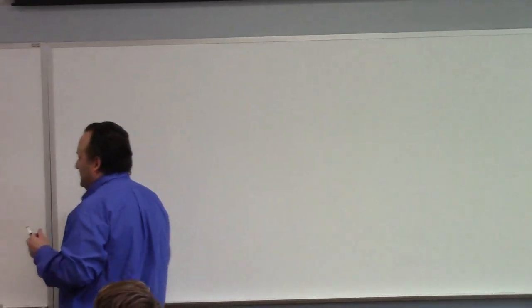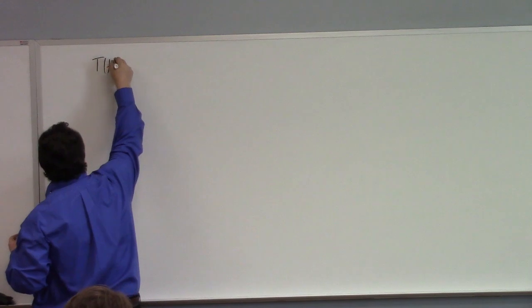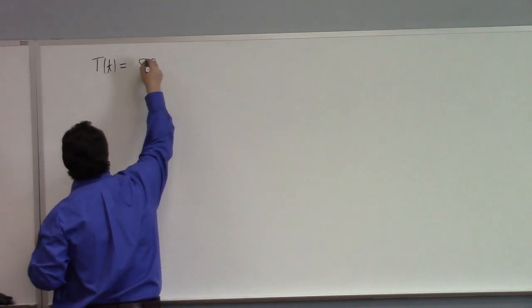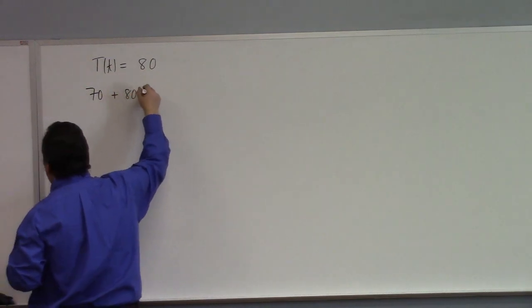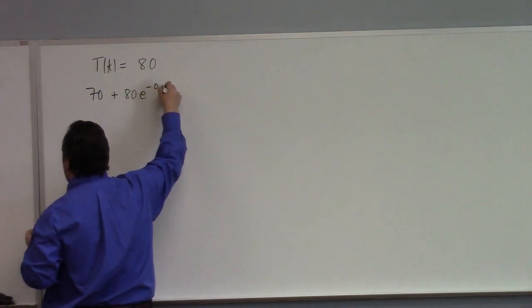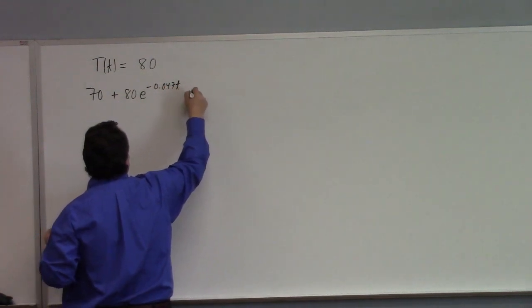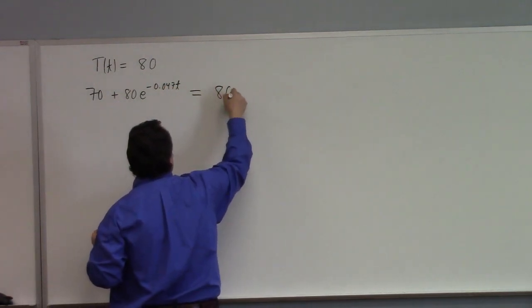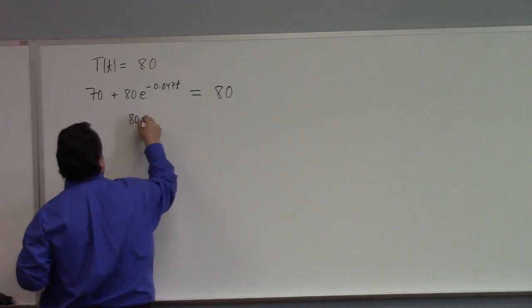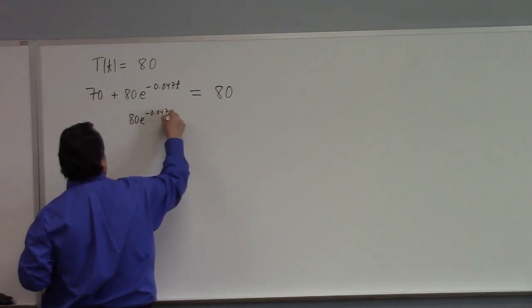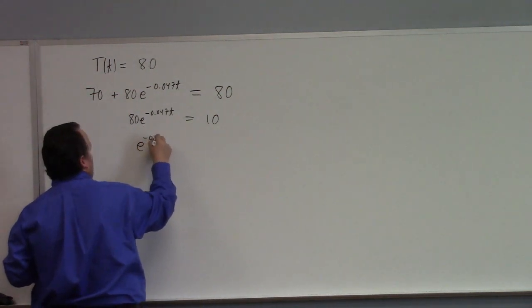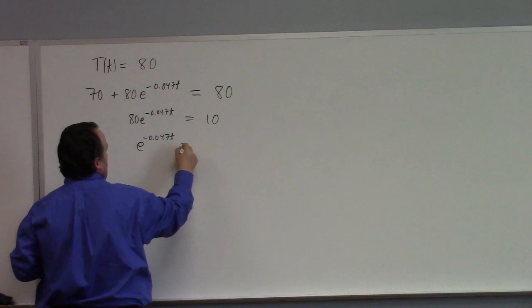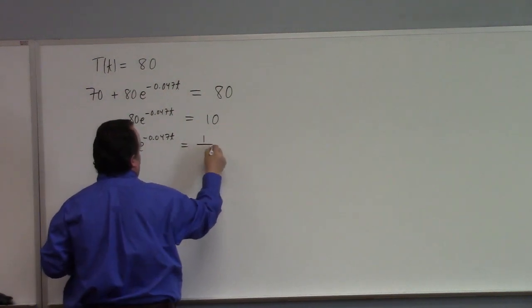Set T of t equal to 80, which is to say set 70 plus 80 e to the minus 0.047t equal to 80. So this gives us 80 e to the minus 0.047t equals 10, which gives us e to the minus 0.047t equal to 1/8.